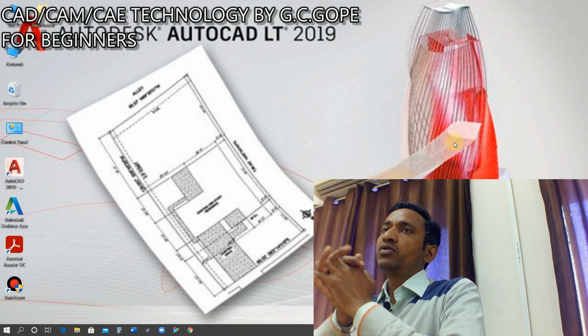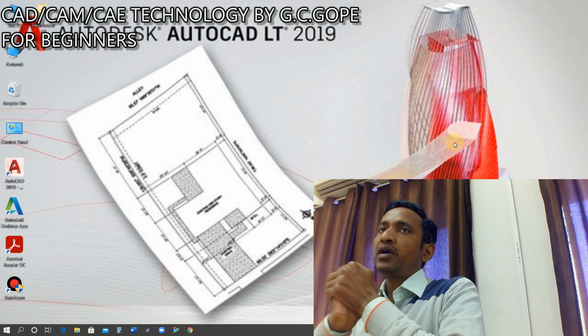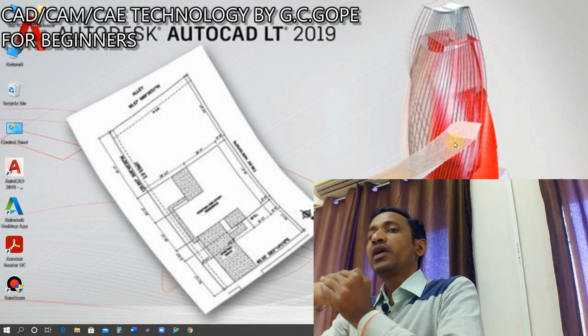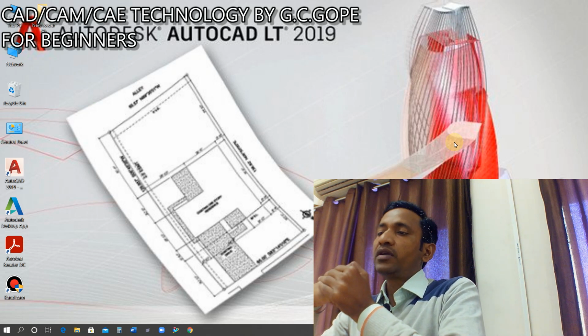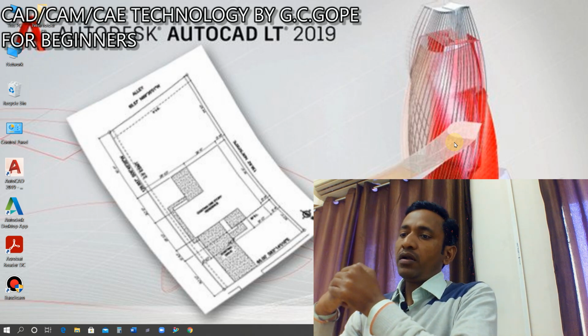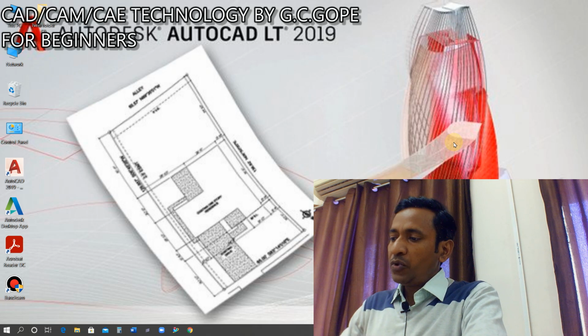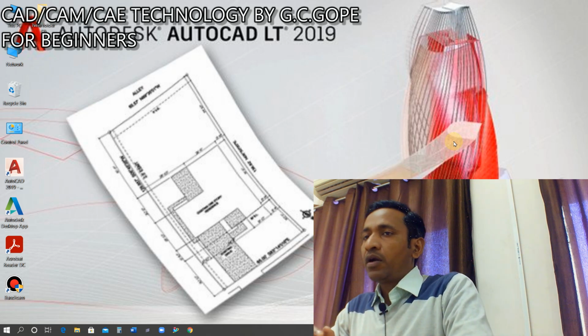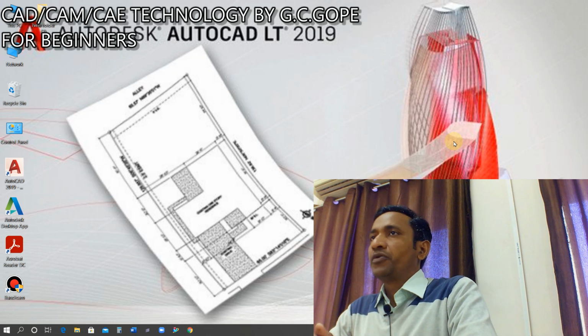The most important part for a mechanical student is that whenever they go for the manufacturing process of automatic machining, they go for a CNC machine or DNC machine. They have to learn about programming. Without programming they cannot make their program.